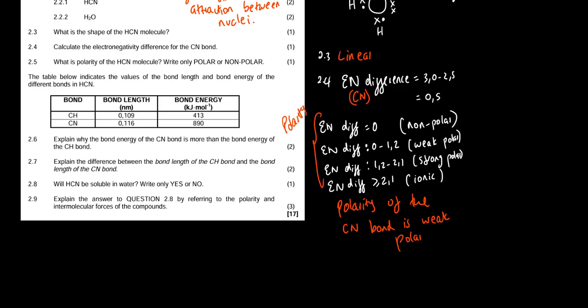But then we have the polarity of a molecule. Polarity of a molecule, again, I'm going to need us to talk about it when we discuss the shapes of molecules. Then it will make much more sense.